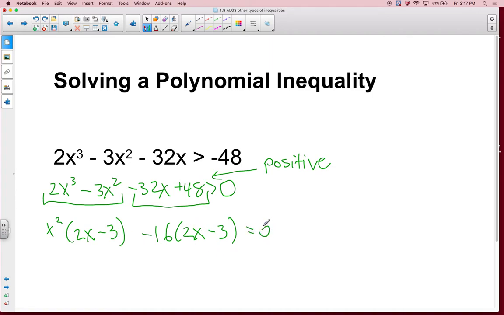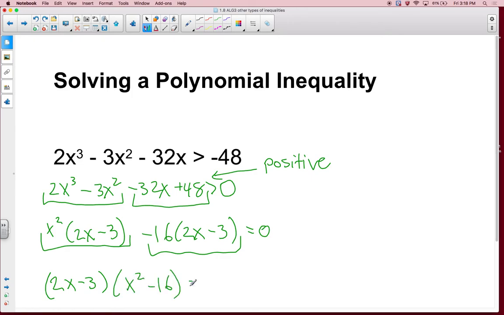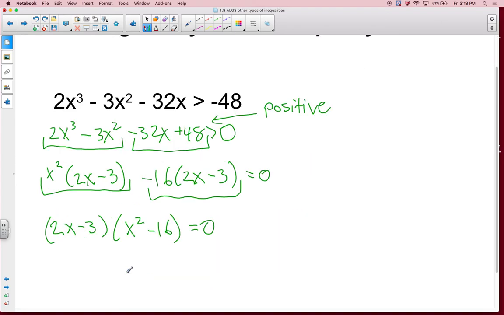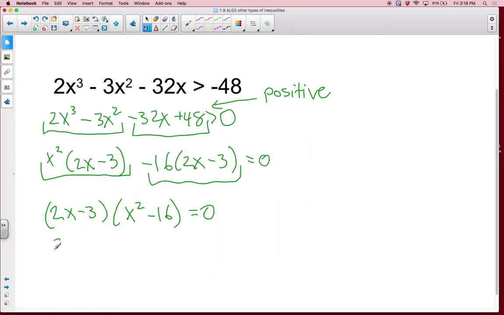Then we set it equal to 0 so we can find the critical values. If we take out a 2x minus 3 from both of these, I'll be left with an x squared minus 16 here. We can actually factor this a little bit more using the difference of two squares. Therefore, x squared minus 16 becomes x plus 4 and x minus 4.